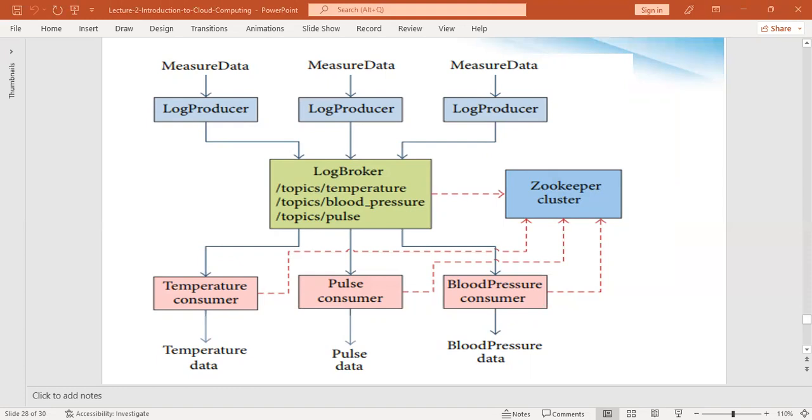This is Kafka, which performs a buffer role between the web server. So the message producer: the messages which are being produced through the temperature sensor, maybe through the pulse data, maybe through the blood pressure data, these are our messages. These are all sent to a message producer, and the message producer is nothing but a Java-written Tomcat server.